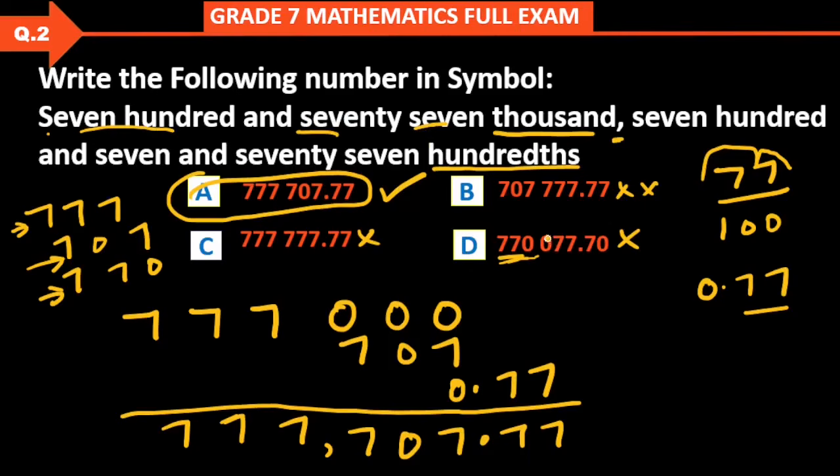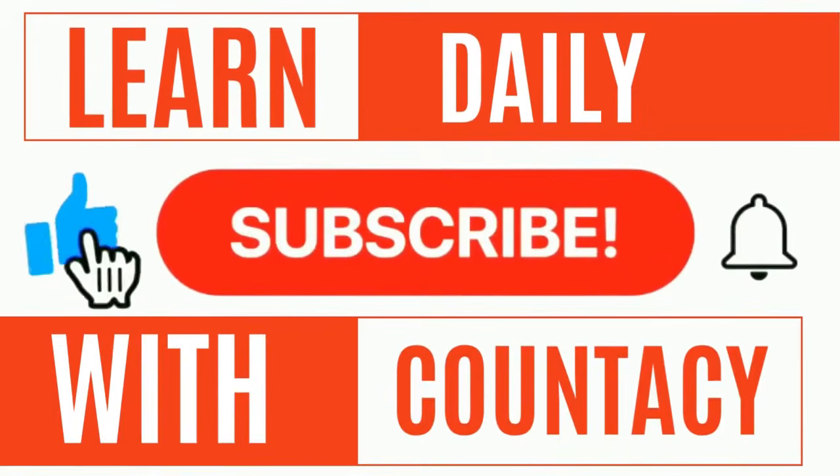Therefore, it misses a 7. For this one, we count it off because what we have here is 700 and 7. This is 707, but this one is 777. Therefore, the correct solution for that particular question is this figure that we have right there. With that, let's move on to our third question.